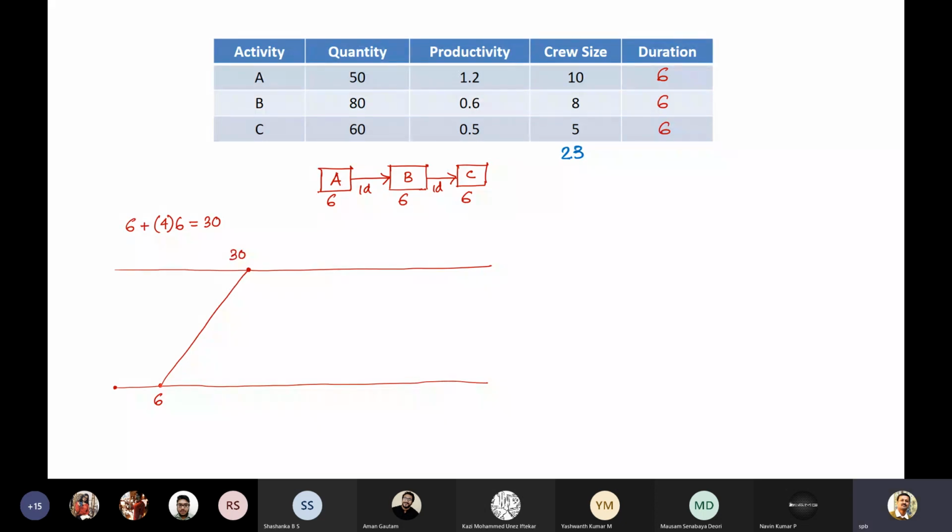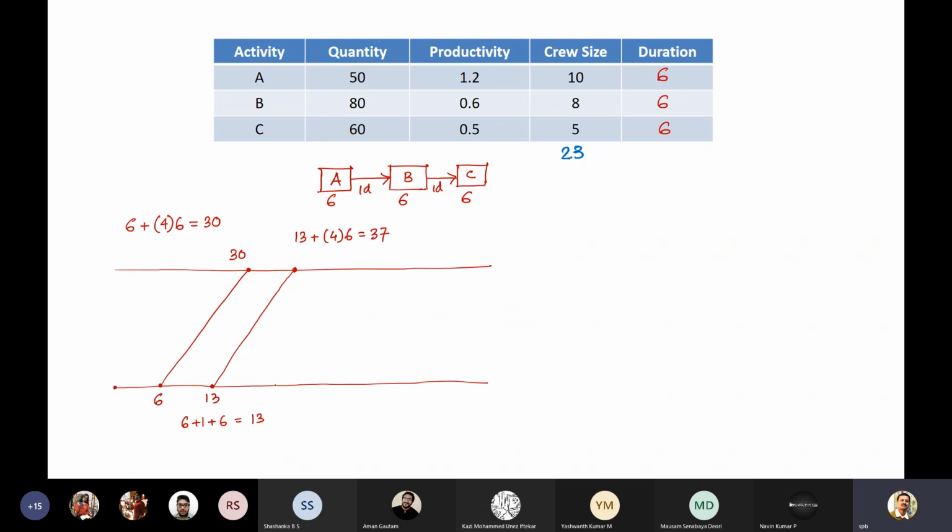And these all are 6, so this will be 6 plus 1 plus 6 is equal to 13. So this is your 13, and similarly 13 plus 4 into 6 is equal to 37.